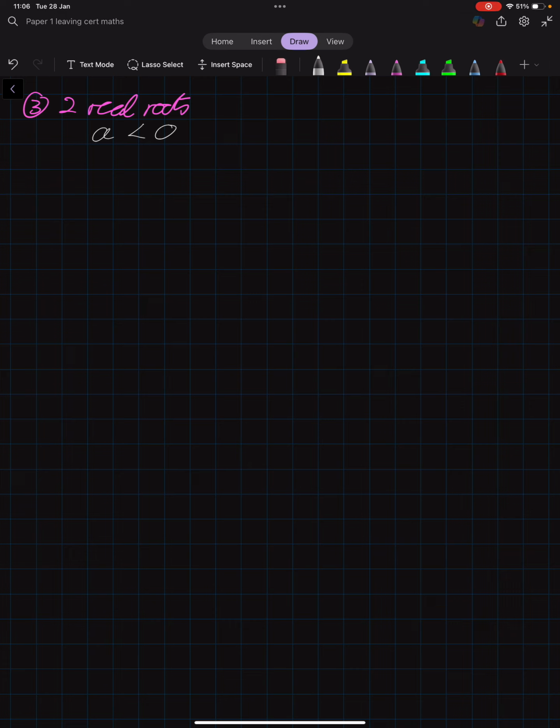Okay. So what you have is that you might be asked to prove that p squared plus 1 is greater than or equal to 2p for p in the reals. So basically what that means is prove that this is true no matter what. So always what you want to do in these is show that something is greater than 0.